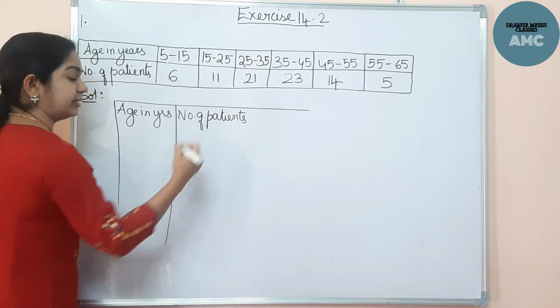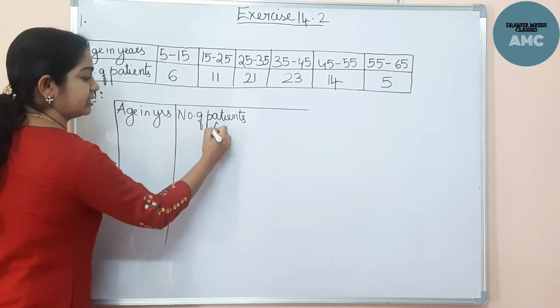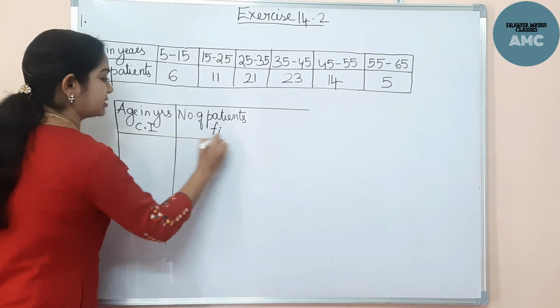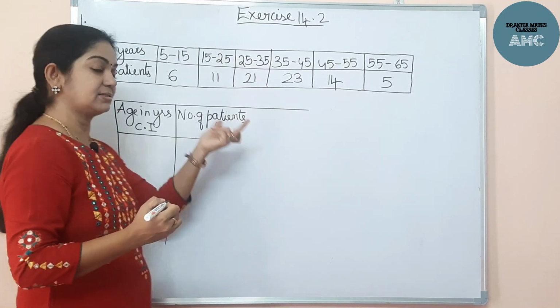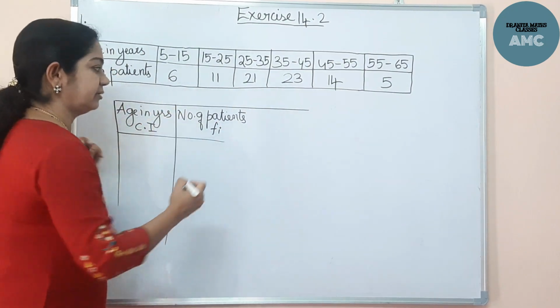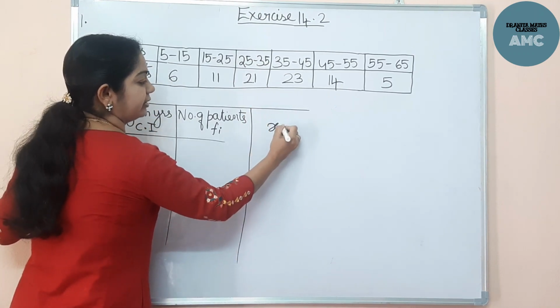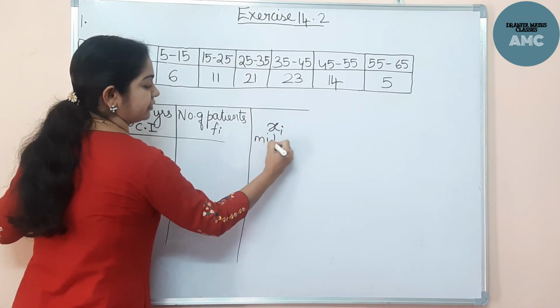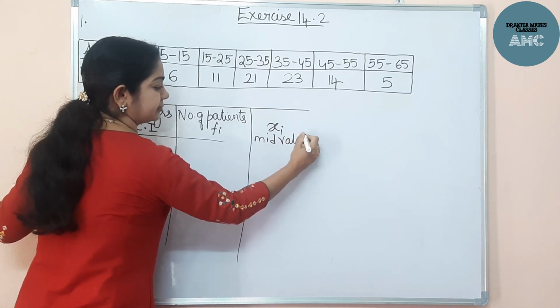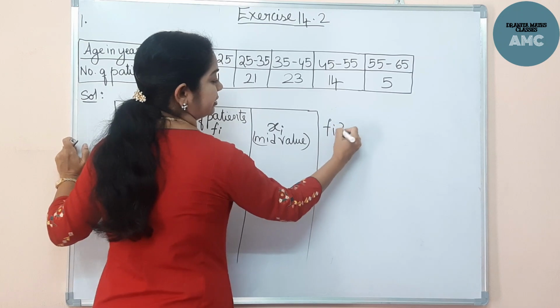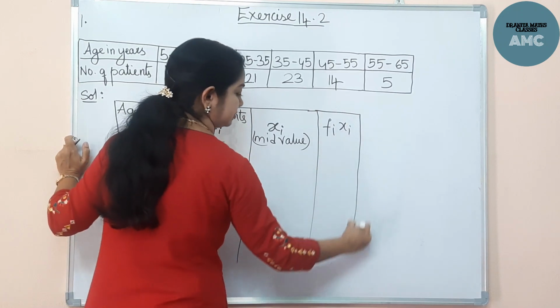This number of patients is the frequency, and age in years is the class interval. Here we are asked to find even the mean. For the mean value, you need to find the mid values. Then the product, Fi Xi.